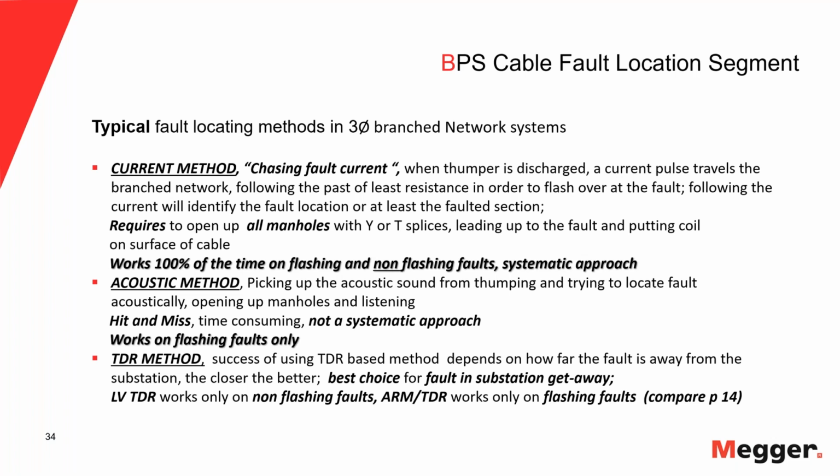And in one cable, I will get a signal, and in the other cable, I will not get a signal. So I know, okay, I have to make a 90-degree turn here because my fault current is going that way. And then you go to the next Y splice and do the same thing. So you leapfrog from manhole to manhole, but only those where you have Y splices. And some people don't like it too much because they think it's too time consuming.